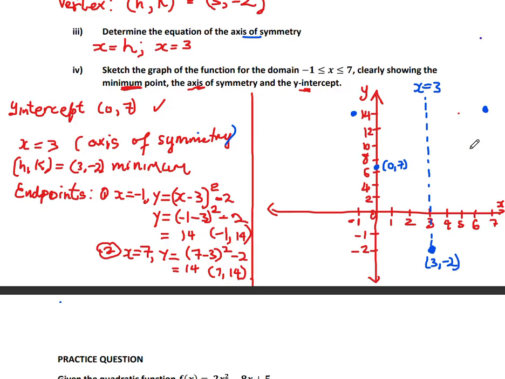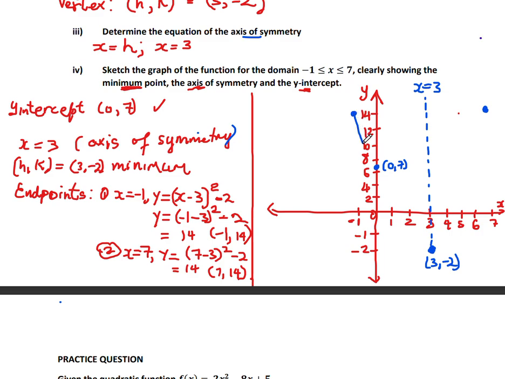And there we have it. What you realize is that this mirror line that we constructed is exactly midway between this endpoint here and this endpoint here. Alright? And so we can go right ahead now and connect our points.